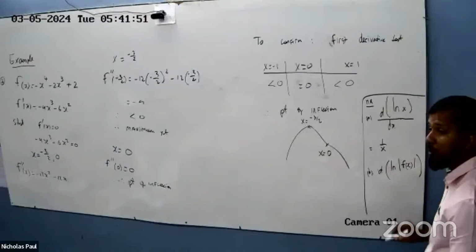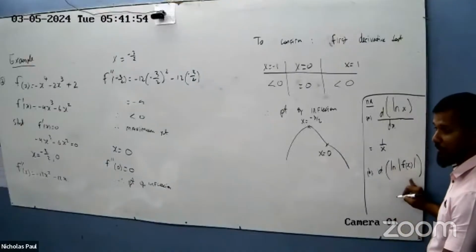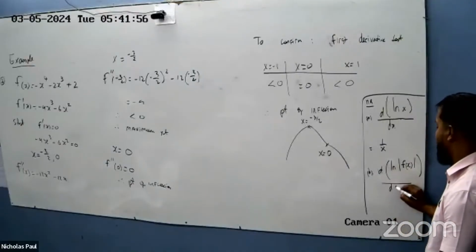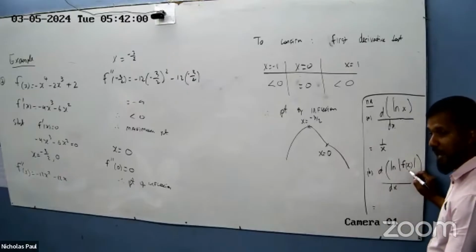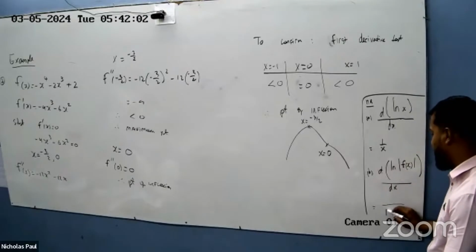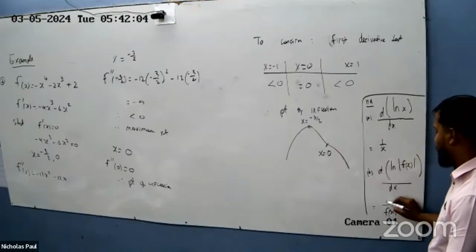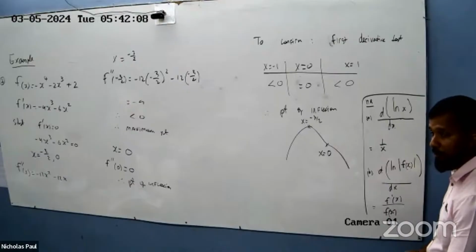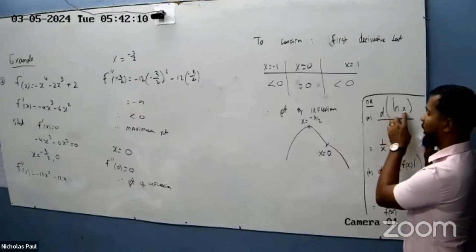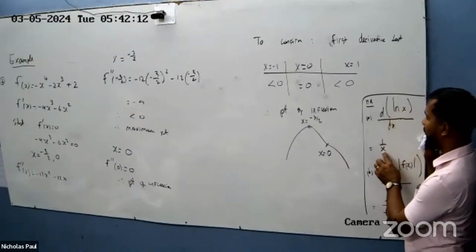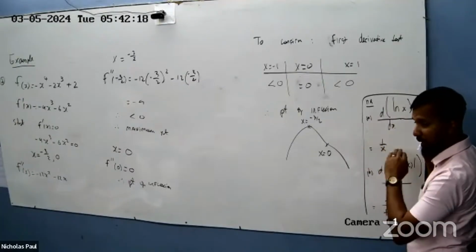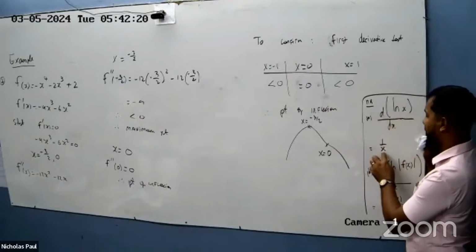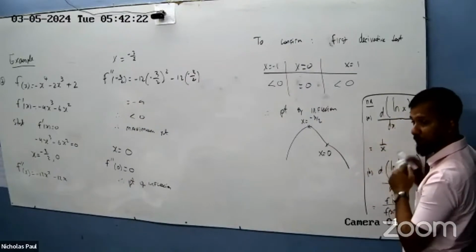Because we could only find the log of a positive. Your denominator is f of x and your numerator is the differential of it. So to differentiate ln x, the denominator is x and the numerator is the differential of x.